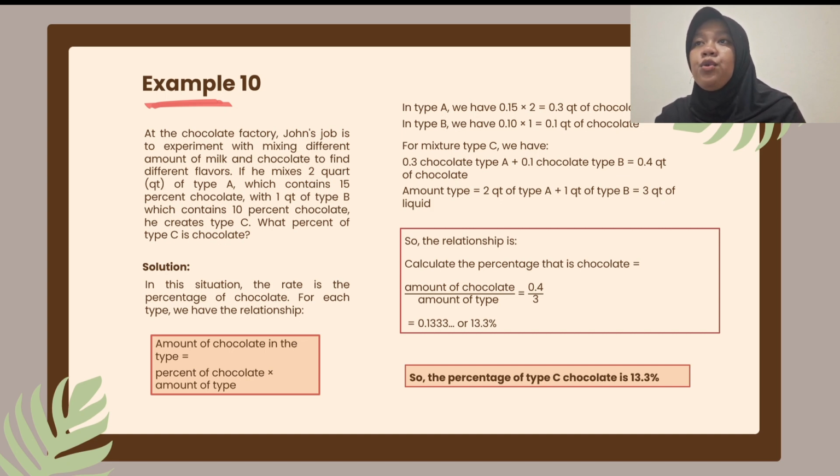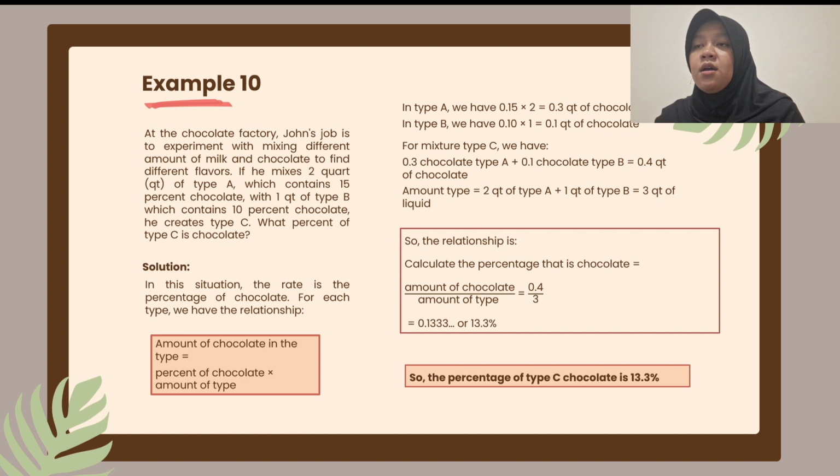In type B, we have 0.10 times 1 is 0.1 quart of chocolate. Next, for mixture type C, we have 0.3 chocolate from type A plus 0.1 chocolate from type B is 0.4 quart of chocolate.